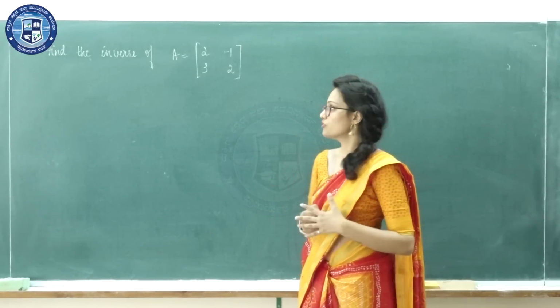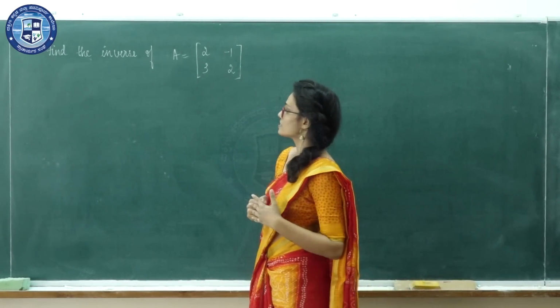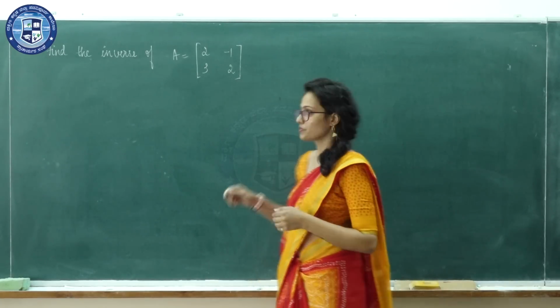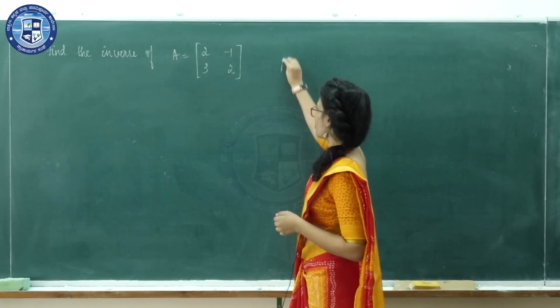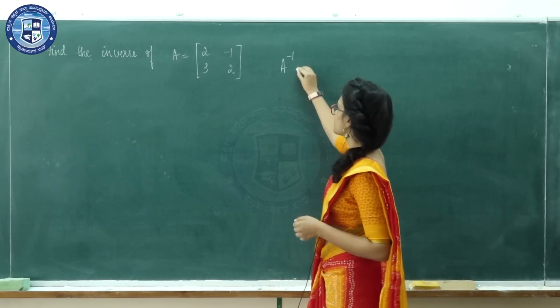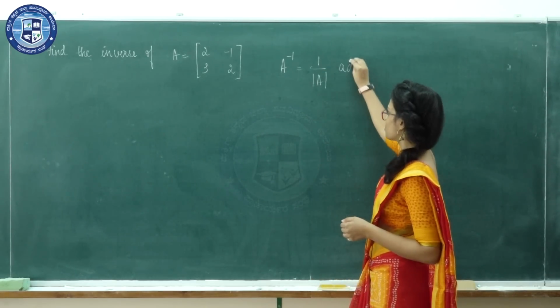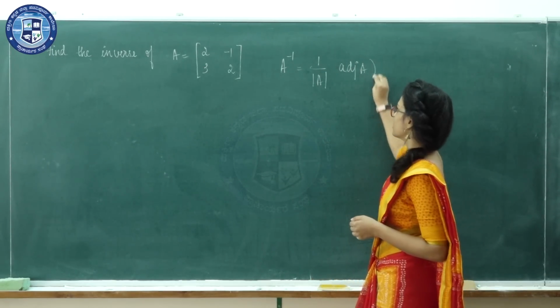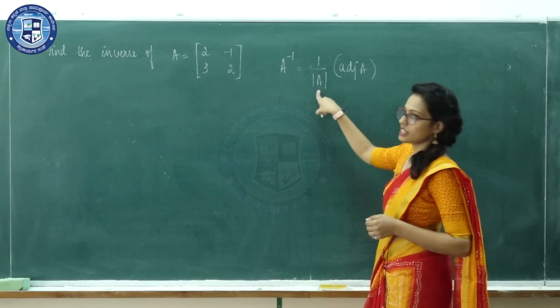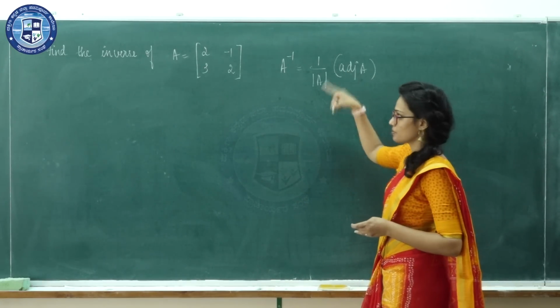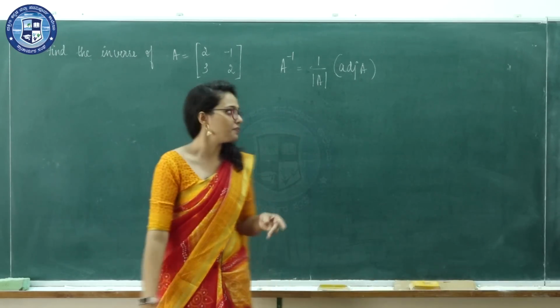Next question, find the inverse of A = [2 minus 1; 3 2]. Okay. So, we have the formula A inverse is equal to 1 by determinant of A into adjoint of A. So, first let us find the value of determinant of A and adjoint of A, then substitute in the formula. Okay.